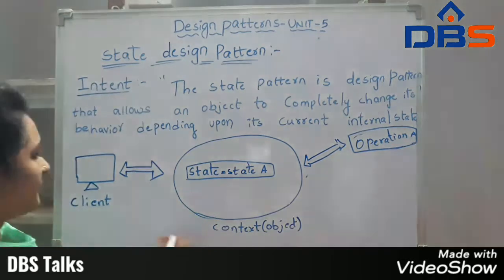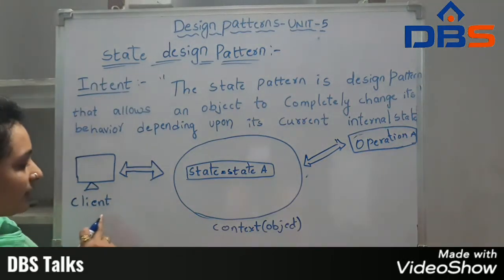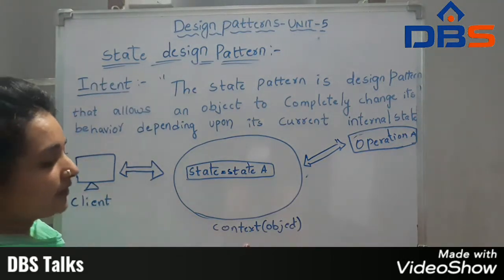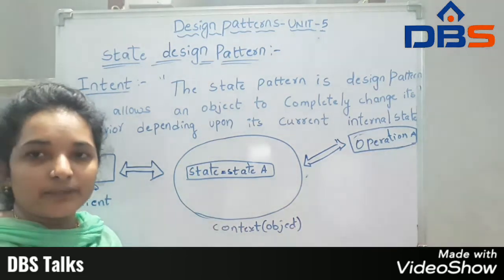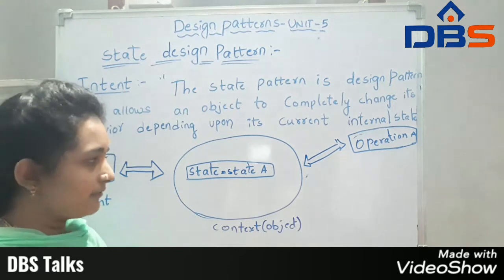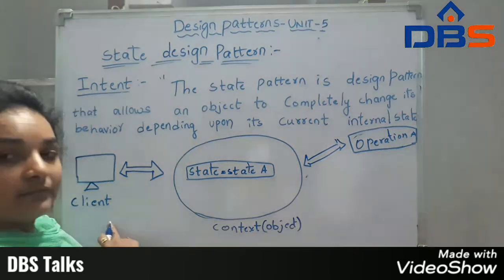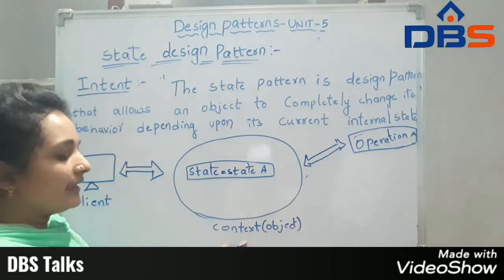In this image I have a client and a context object. In the context object, I am maintaining some internal information, or you can say current internal state information. The client provides a request to the context object.